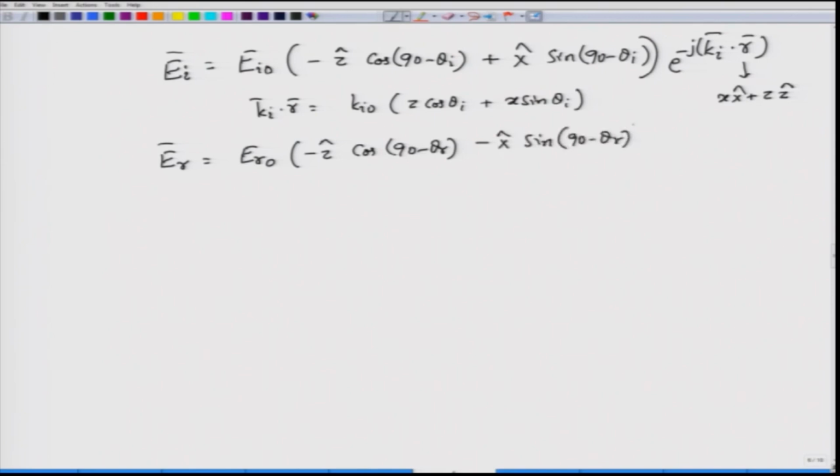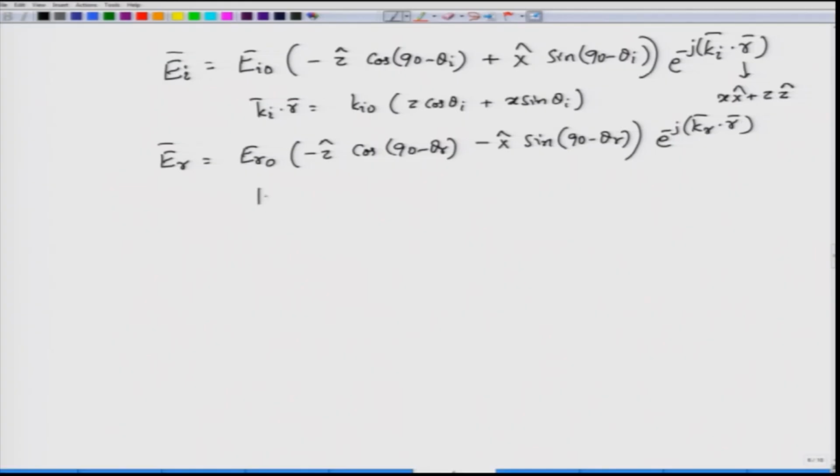This we have done for the electric field component itself, but you need to have e power minus j kr dot r. I am not putting e power plus j kr dot r because the reflected wave is negative only for the z component, not for the x component. So, this is e power minus j kr dot r.